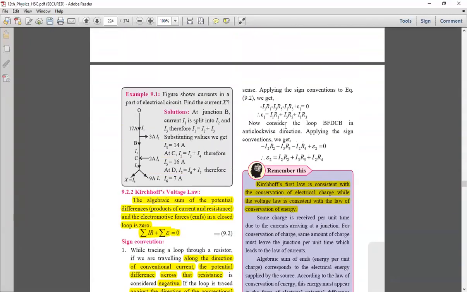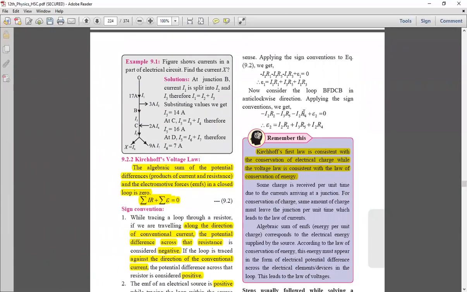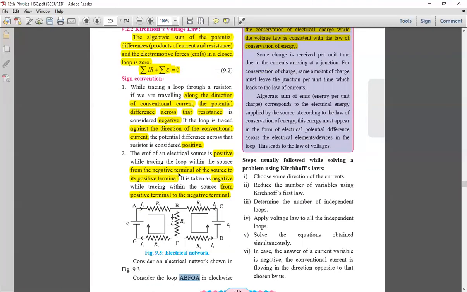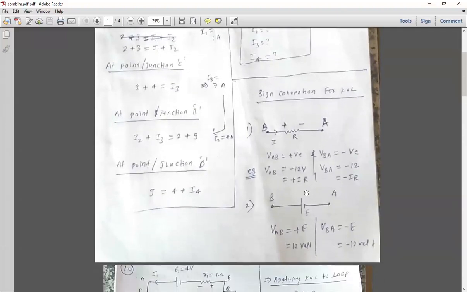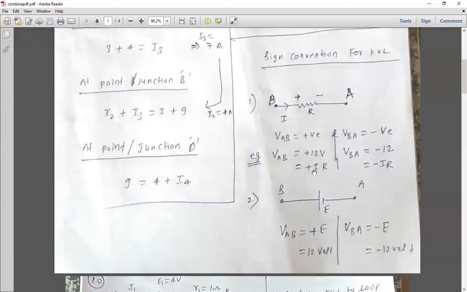So, applying the sign convention. What is the sign convention? It depends upon you. Consider any branch in an electrical circuit.